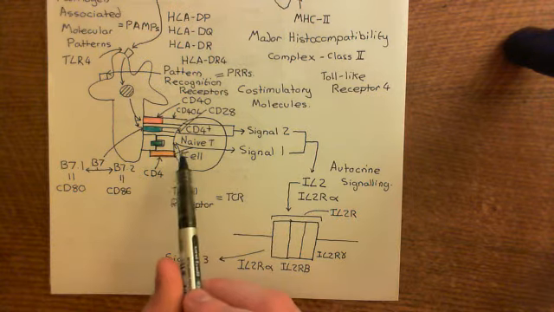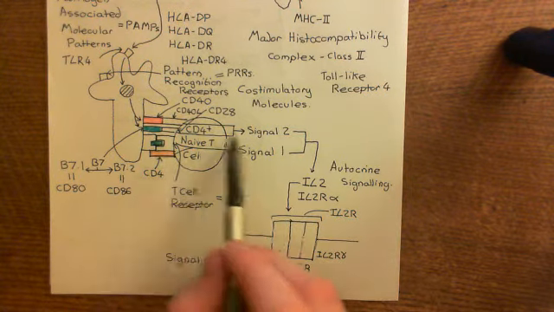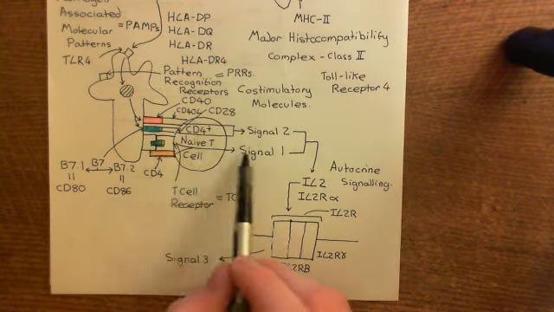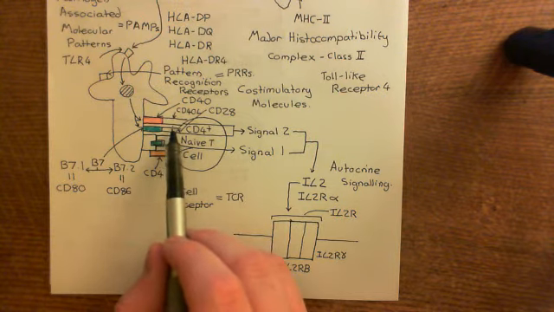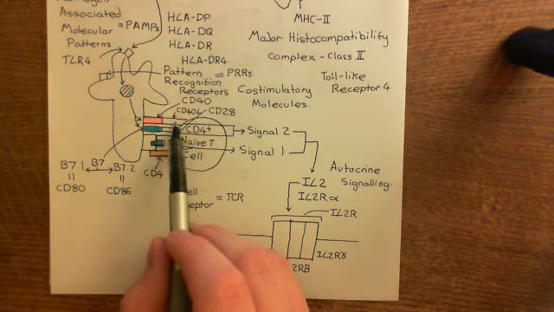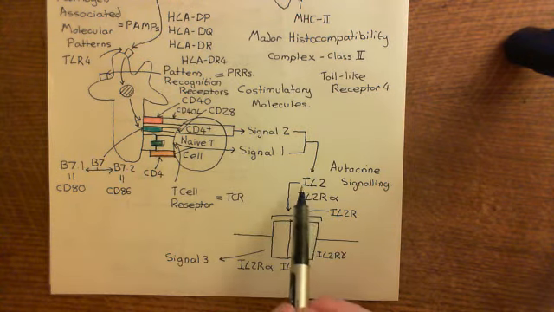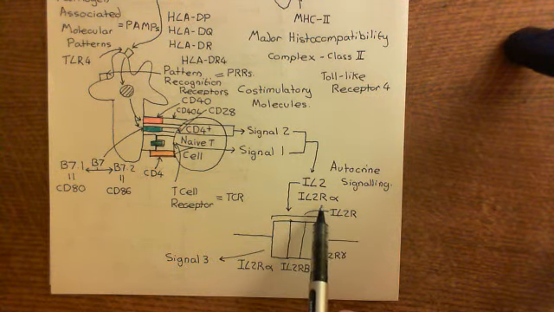So remember, in order for CD4 positive naive T cells to activate, you had to get signal 1 and signal 2, which came from the T cell receptor in CD4 gave signal 1, and the receptors for the co-stimulatory molecules, CD28 and CD40 ligand, gave signal 2. And these two together led to the production of interleukin 2 and the interleukin 2 receptor alpha.